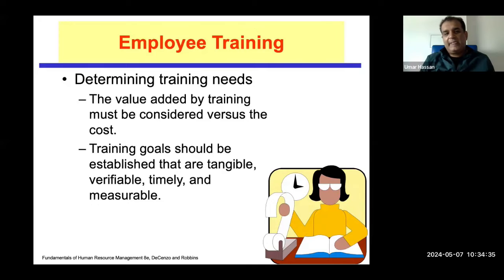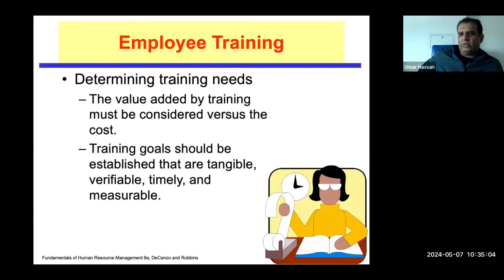So it is very important and critical for the HR department to ensure that the training needs are identified in a way that the goals they determine are tangible, meaning they can actually know what the outcome of this training is going to be. It should not be based on a guess or an idea, it should be completely quantifiable.